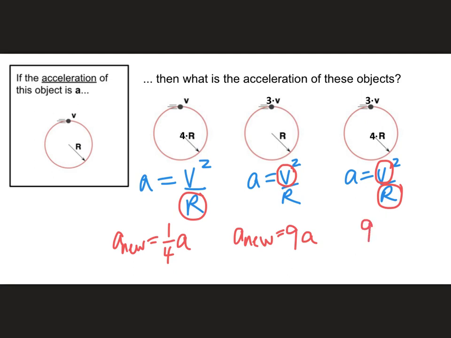So that's 9. And my r is changing by a factor of 4, but it's dividing by that number. So it divides by a number that's 4 times as big. So my new acceleration is 9/4 times my old acceleration.